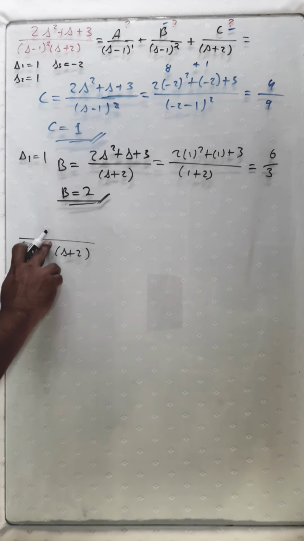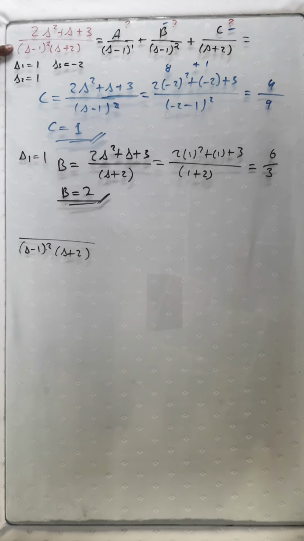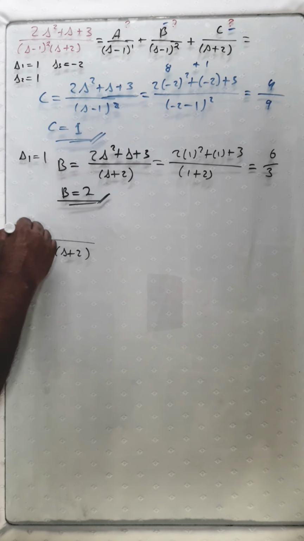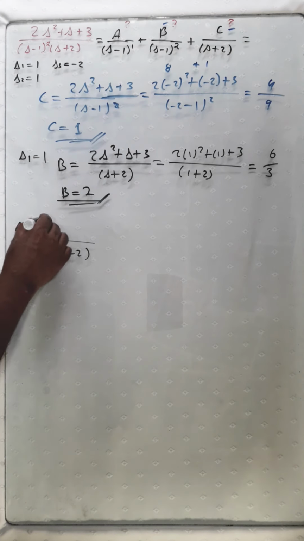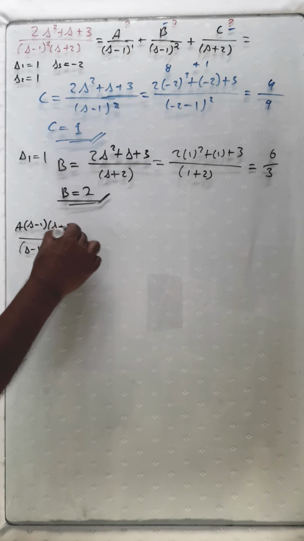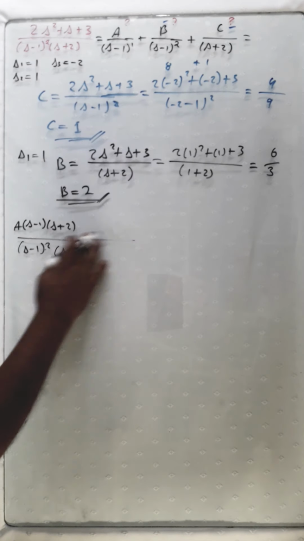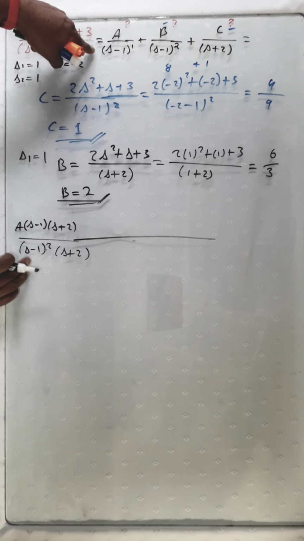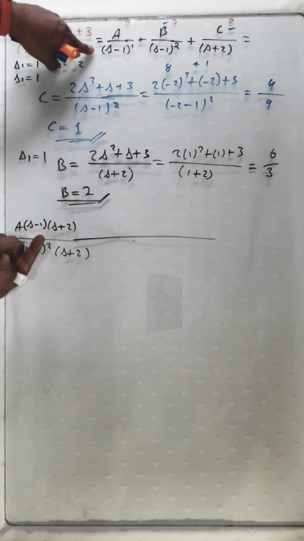So it's actually S minus 1 squared, like the original fraction, sorry. So this divided by this is going to be A times S minus 1 times S plus 2. And now, making the division of this by this, S minus 1 cancels, but only one.